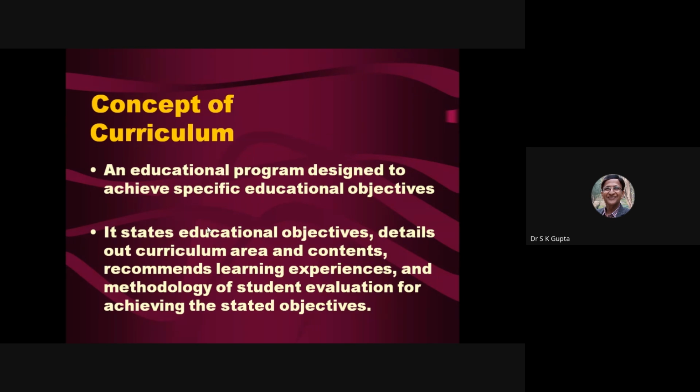Then it states educational objectives, your POs and COs, and details out curriculum area and contents. To achieve these educational objectives, what will be your subjects? Because if we see an undergraduate program, we have around 35 to 40 subjects, and in diploma program we have around 30 to 32 subjects.